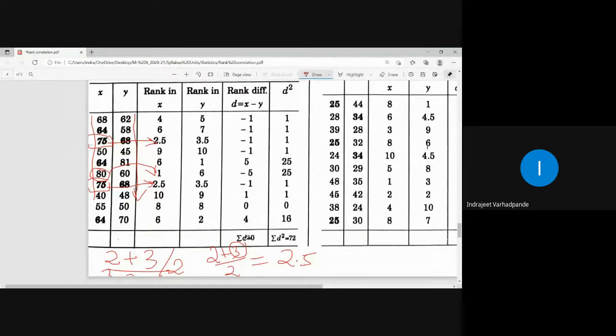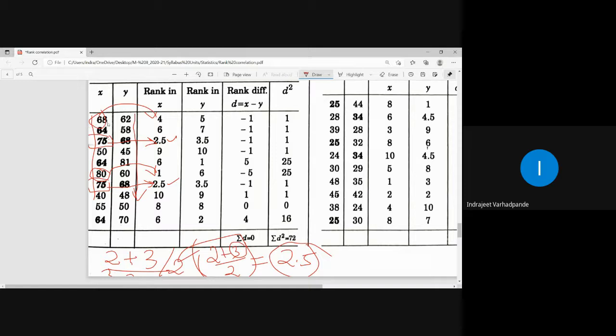It will not be assigned rank 3 because while taking the mean, ranks 2 and 3 were taken into consideration. After 75, the next highest number, 68, will not be assigned rank 3. It will be assigned rank 4 because 2 and 3 are both included in the average, which came out as 2.5 for those observations.